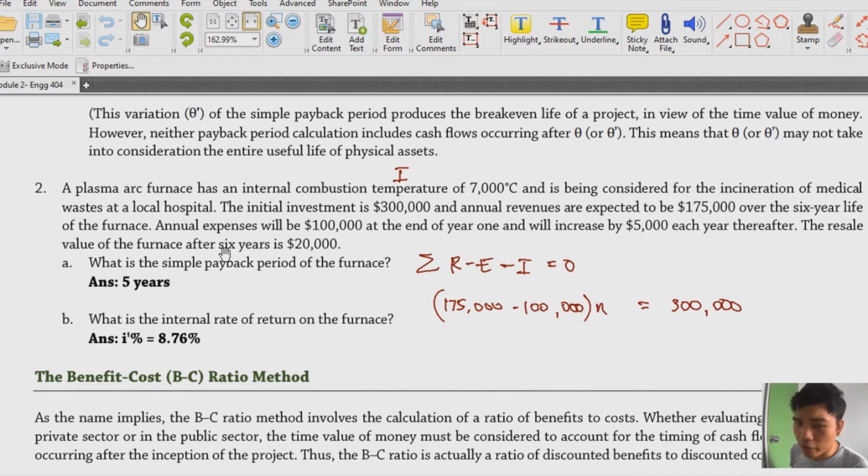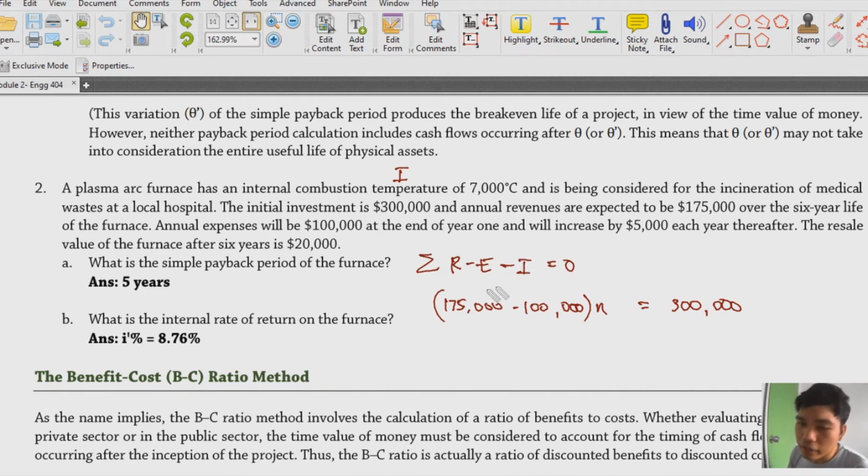Then again, if we're not able to determine it, let's say without adding the salvage value we get more than 6 years, then probably there is a mistake in the computation or we could have just added the salvage value. But for the first assumption, you would always consider that it is not included at first. Okay, with that being said, that's all we need, because if you notice in the formula, there is no salvage value, right? Just I. Supposedly, this should have been the capital recovery based on the annual worth method, right? But since there's none, only the investment was used.